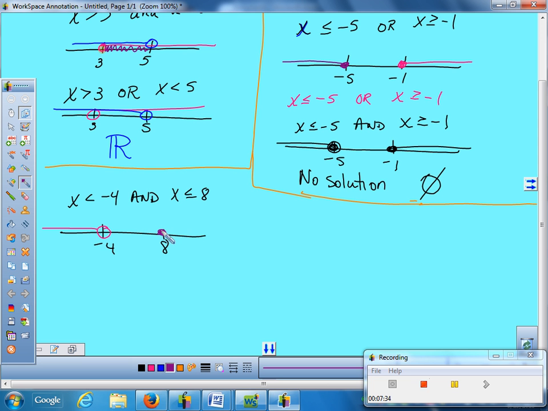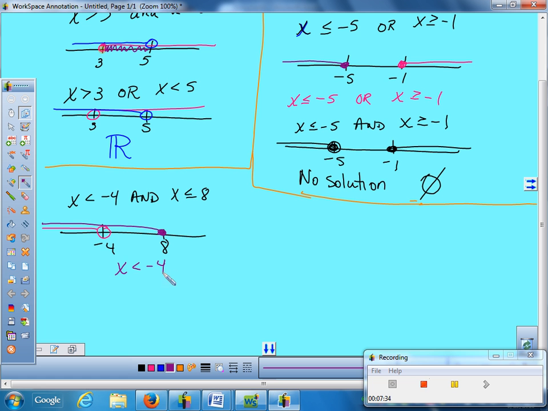So they're both going left. If it's an AND, your answers are where they intersect or overlap. So where do they start to overlap? At negative 4. So in this case, your final answer is only where they overlap. How would you write it? x is less than negative 4. Yes, it would just be where they overlap.